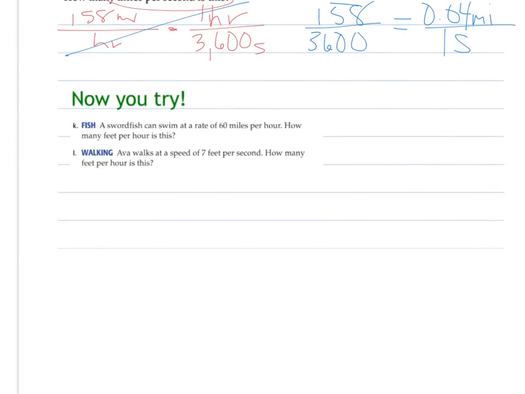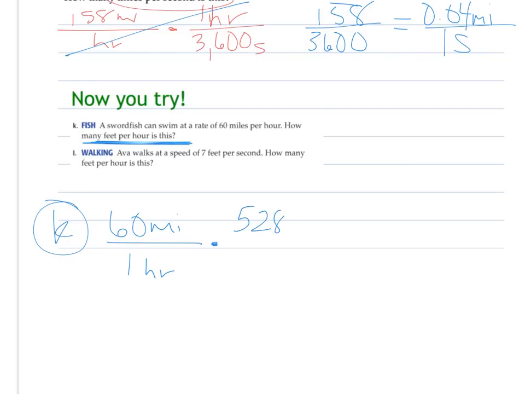All right, give some of these a try. Look at the same type of thing. So K, try them first, please. Swordfish can swim at a rate of 60 miles per hour, so 60 miles, 1 hour. How many feet per hour is that? So I'm trying to change to feet. So I know that there is 5,280 feet in 1 mile.